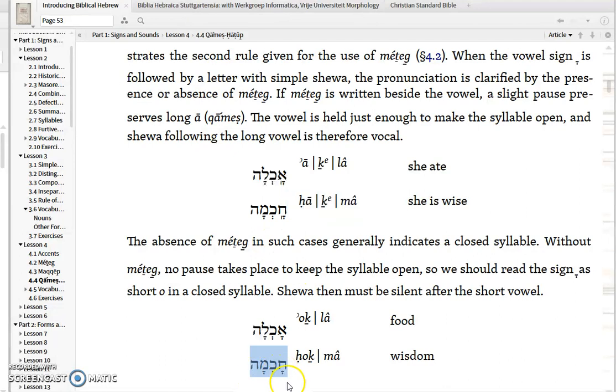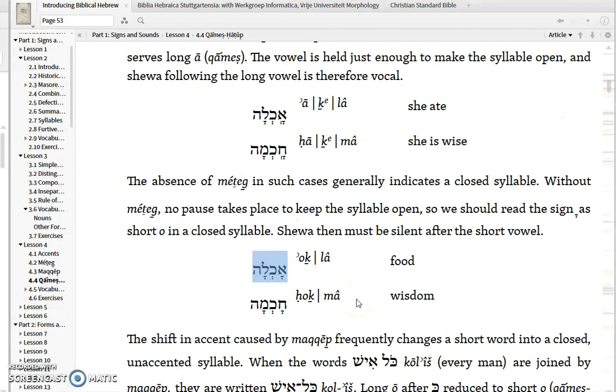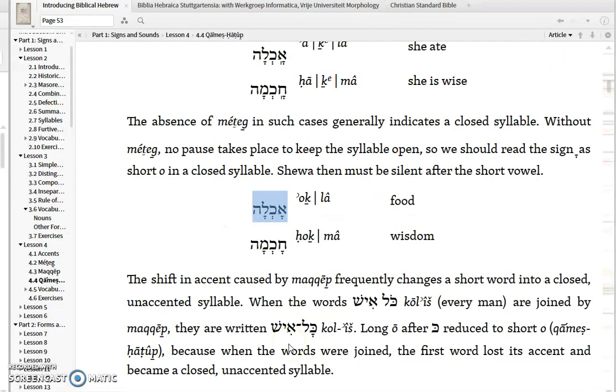But without the metheg, it could be pronounced hokma, wisdom. Again, we saw it with akala, she ate, versus okla, food. The metheg is what tells you it's a long A. The lack of the metheg is not absolute proof. There are exceptions, but most of the time without the metheg, it's likely to be the O vowel.